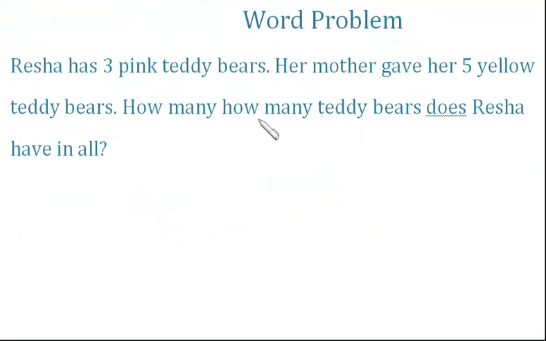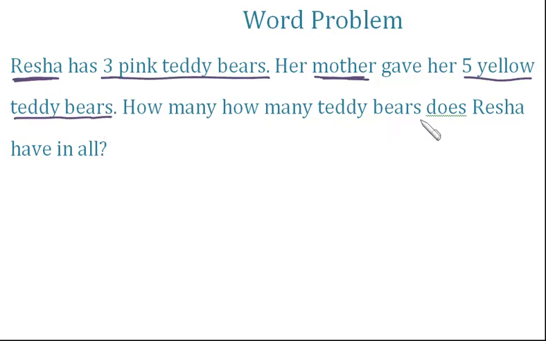So children, this is the next word problem. So we'll read it carefully first. Resha. So we are given a name over here. So I'll underline it. Resha has 3 pink teddy bears. Alright. Her mother gave her 5 yellow teddy bears.